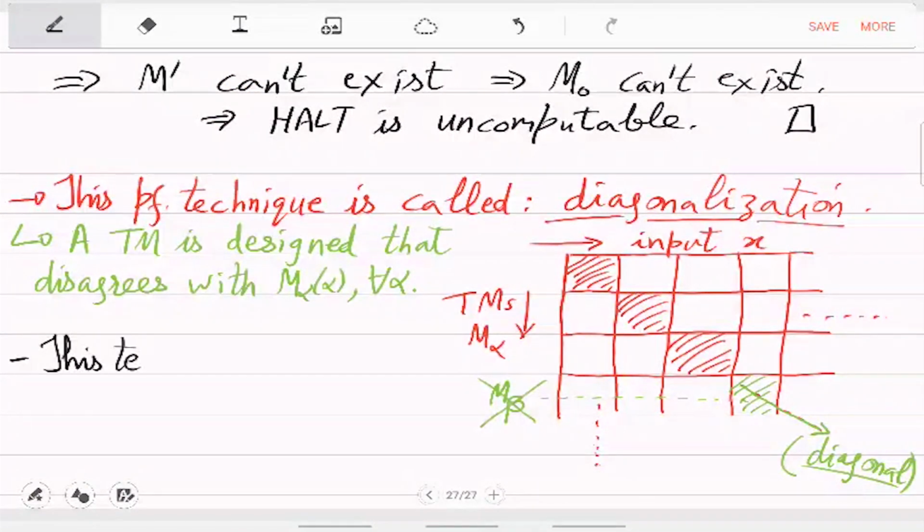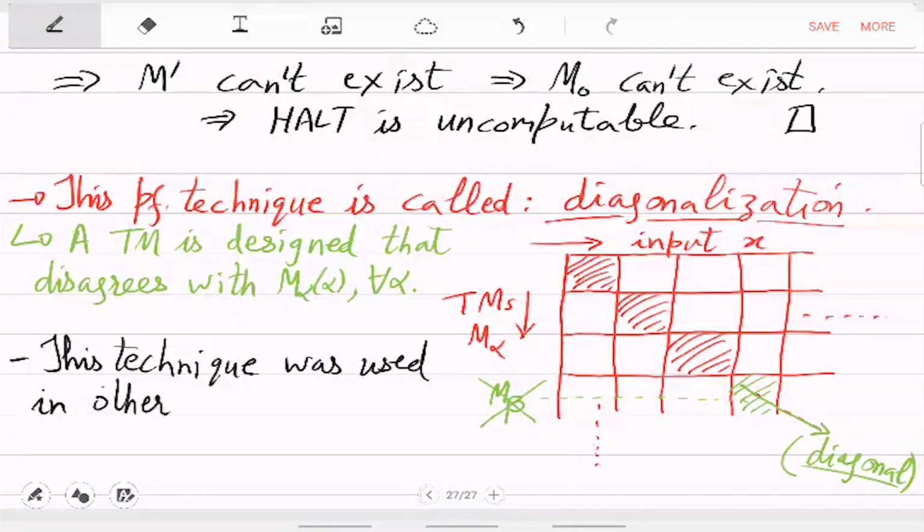So this technique we will see in this course as well, which is why I have given you this recap. And before this, it was used in other math results. So this technique was used in earlier foundational results.